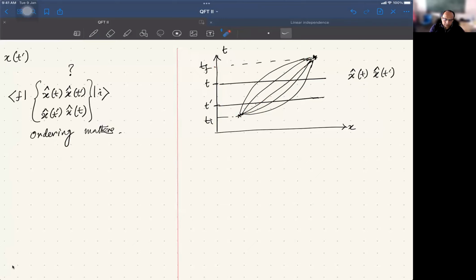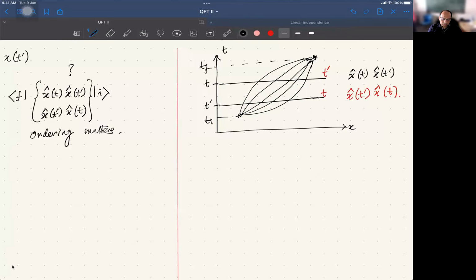If it would be the other way, if this were t prime and this were t, then your ordering will be x hat(t prime), x hat(t).